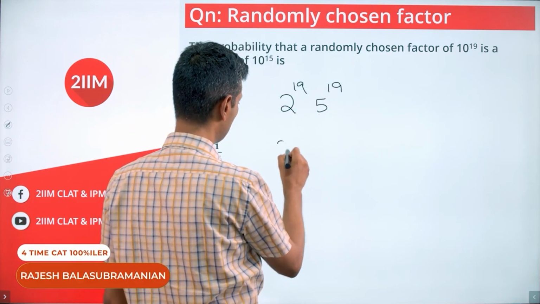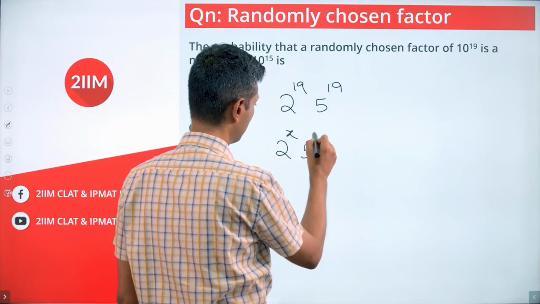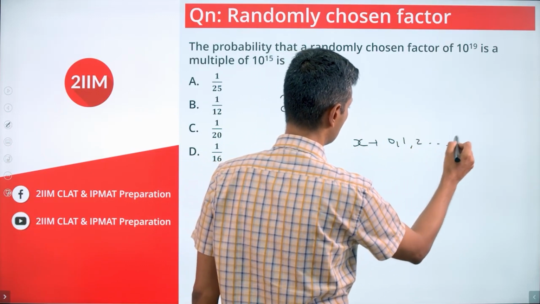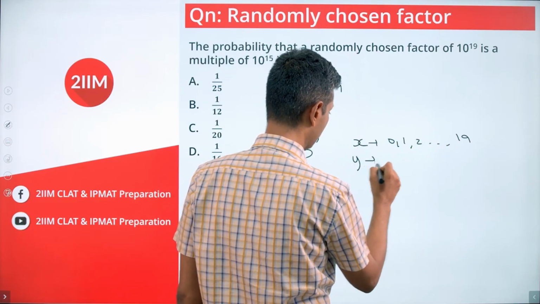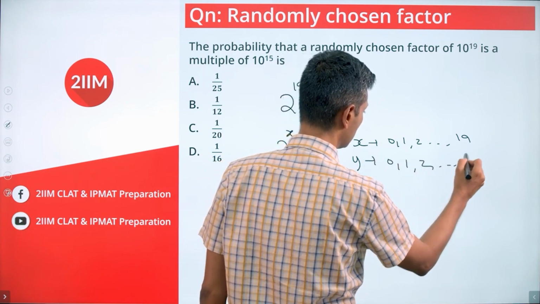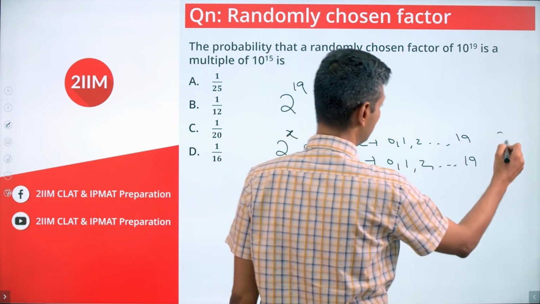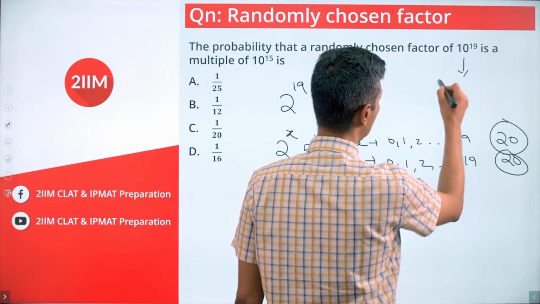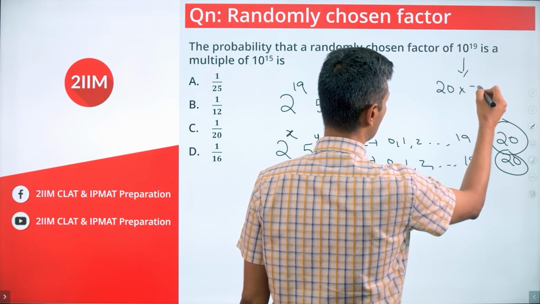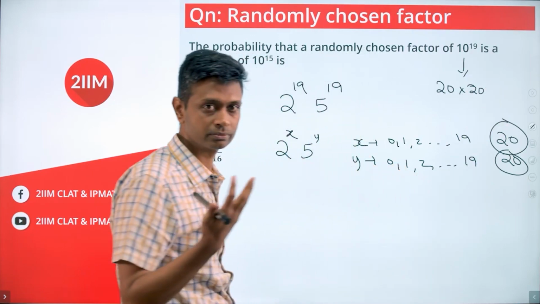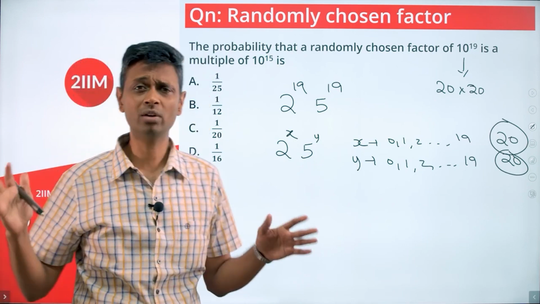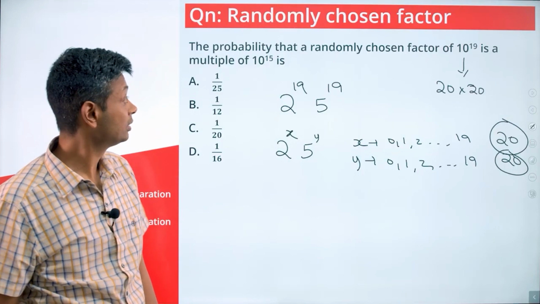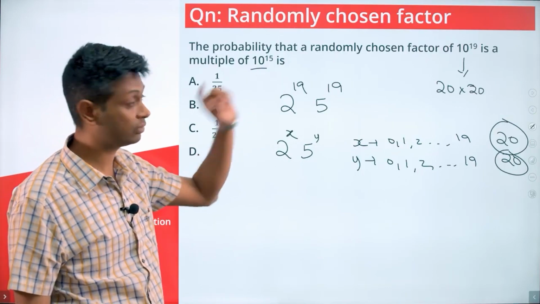Any factor of this number will be of the form 2 power x into 5 power y. x can take values from 0 to 19. y can take values from 0 to 19, so x can take 20 values, y can take 20 values, or this number has 20 into 20, 400 factors. Lovely. So that's a sum total of all factors. From that, we are selecting one. What is the probability that it will happen to be a multiple of 10 power 15?